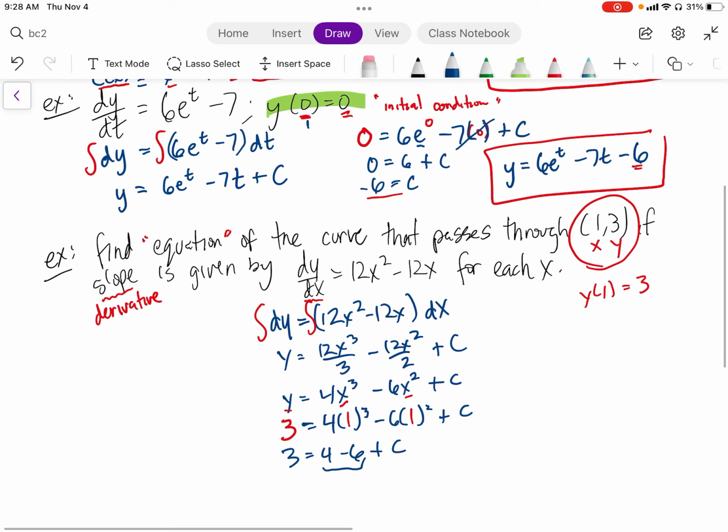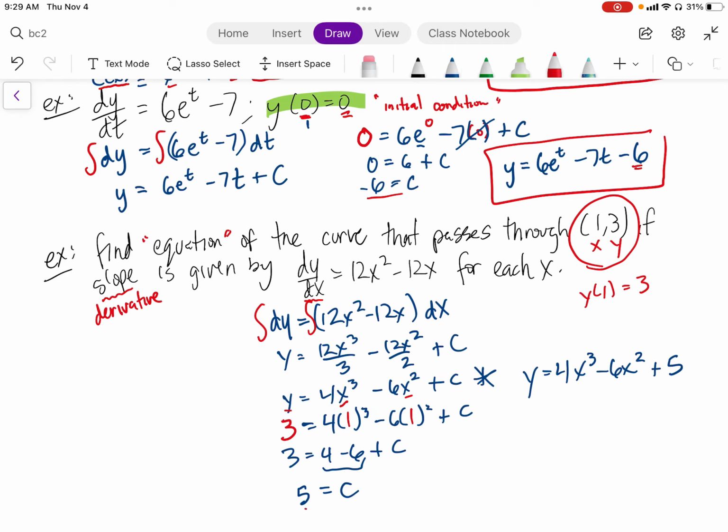So I'm going to add 2 to the other side. 5 equals c. Okay. Well, if 5 is c, I now have enough to write the equation of the curve. This was our equation, but we still had to find c. So therefore, y equals 4x to the third minus 6x squared plus 5.